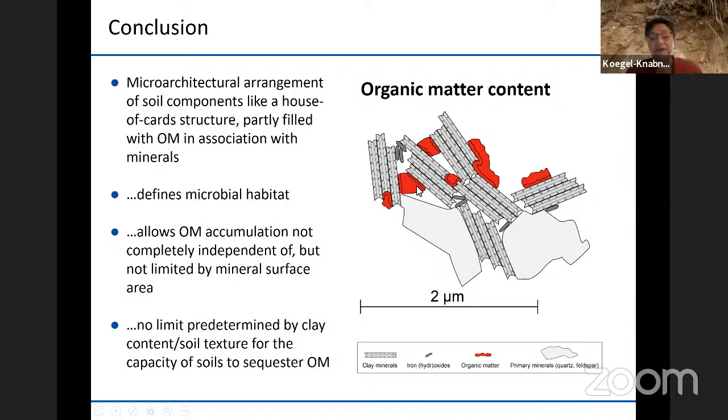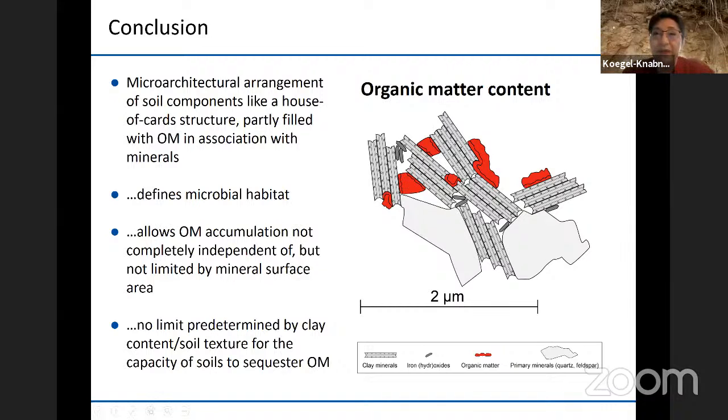And this would also mean that there's no limit predetermined by clay content or soil texture for the capacity of soils to sequester organic matter. From my point of view, this depends much more on the input of organic matter.